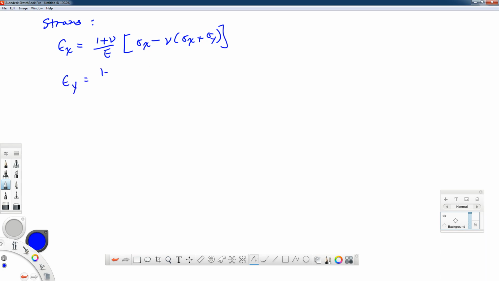Epsilon y is equal to 1 plus nu over E, sigma y minus nu, sigma x plus sigma y. And the engineering shearing strain gamma xy is equal to 2 times 1 plus nu over E tau xy.